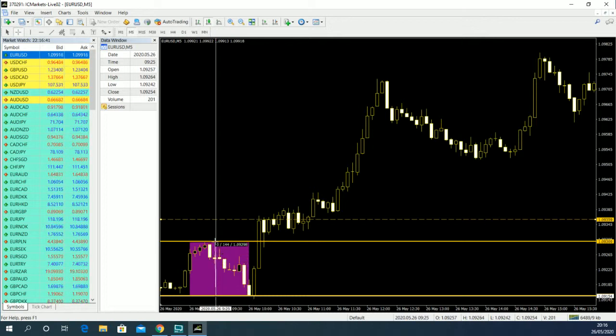So let's measure it. Today is 14.6. It looks like 14.6 yesterday as well. Let's round it off to 15 so it's easy for us to calculate and to multiply. So we then say TP1 is 15 pips.